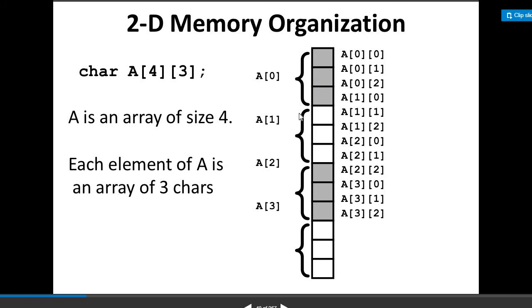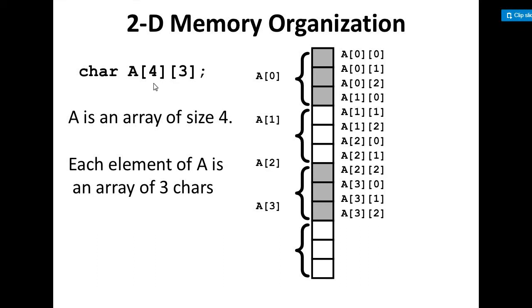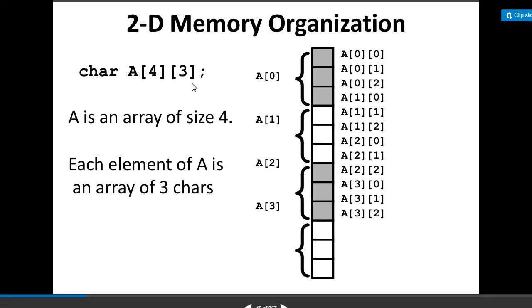Initially row wise, then finally as a whole. This a is an integer array of size 3 by 4, meaning 3 rows and 4 columns, in this way.